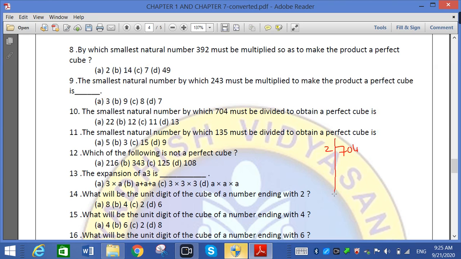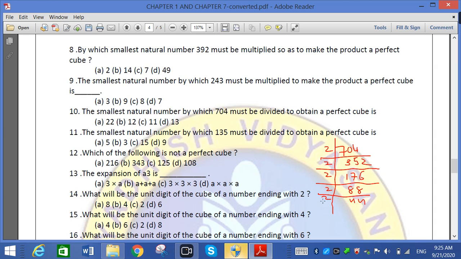So we have to divide it by 2. 2 times 3 is 6. Again 2. 2 times 7 is 14. Again 2. 2 times 8 is 16. Again 2.